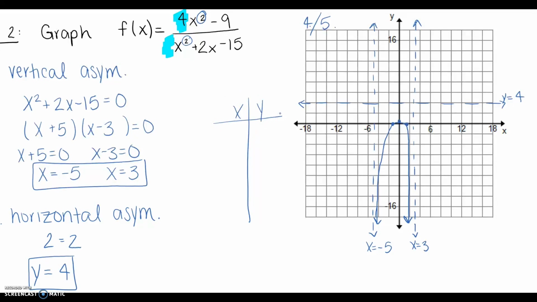When I'm making my table, I'm going to choose values to the left of this asymptote and to the right of this vertical asymptote. So we could do negative 12. We could do negative 6. We already have values in here. If you wanted to, you could do more to make it more accurate.